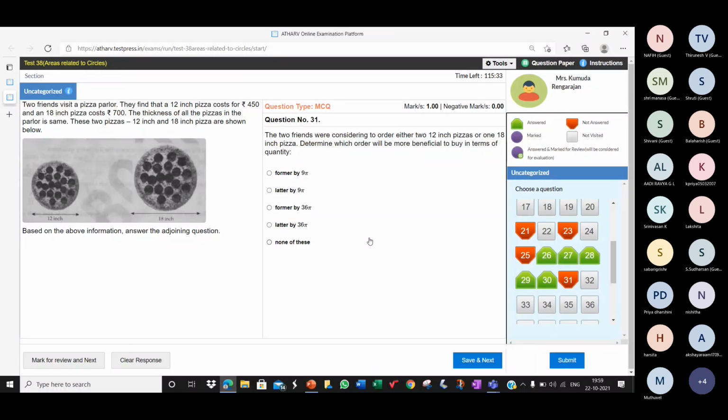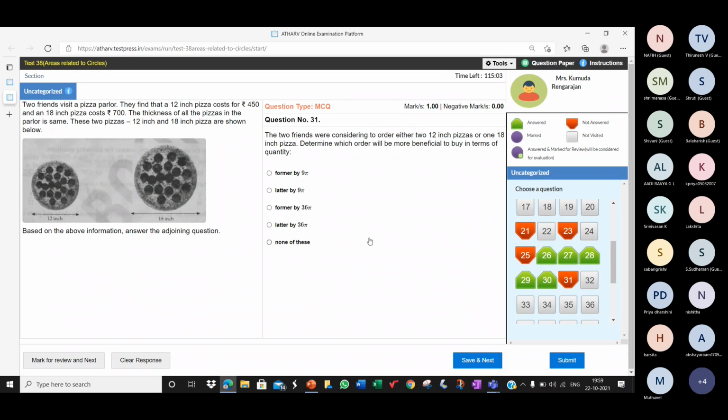Determine which order will be more beneficial to buy in terms of quantity, not in terms of money. You can calculate which is beneficial in two ways, in terms of money or in terms of quantity. They want more, so ignore the money factor. Determine which order will be more beneficial in terms of quantity.